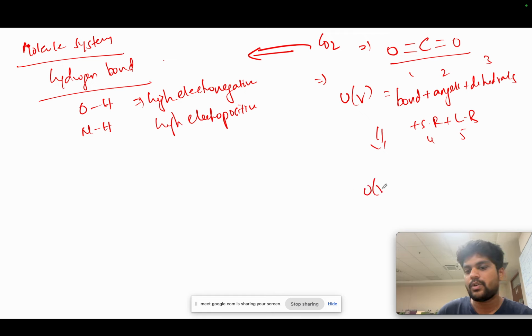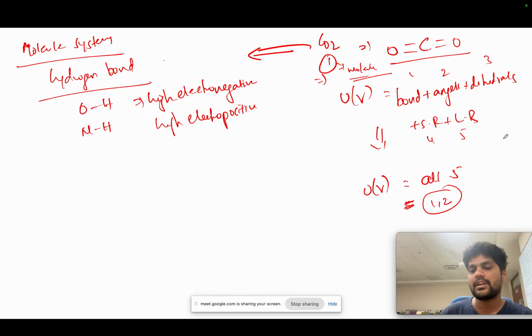If I want to find out the potential energy, what are the terms I need to pick if I have only one CO2 molecule? Out of these 5, can I take all 5? No, sir. So which one do I need to consider? 1 and 2. 1 and 2.